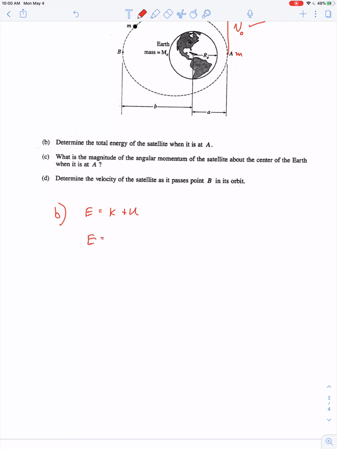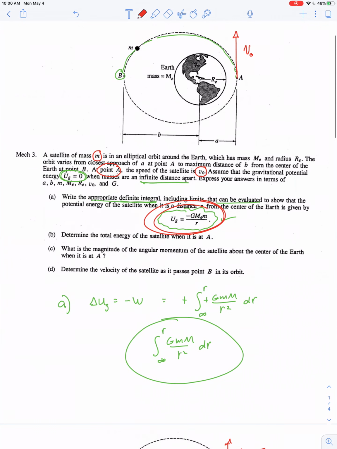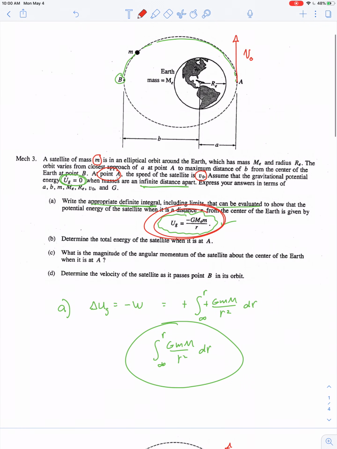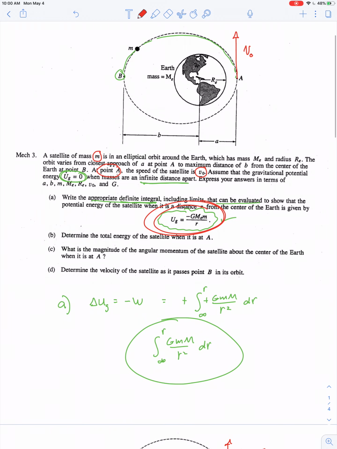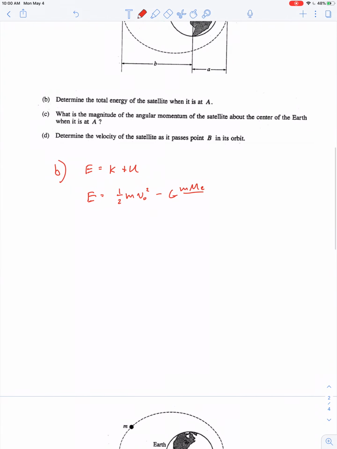So the total mechanical energy is 1/2 m v0 squared minus G m times the mass of the Earth over, well, over what value? Its distance when it's at point A is just labeled as lowercase a. So minus GMm over a.